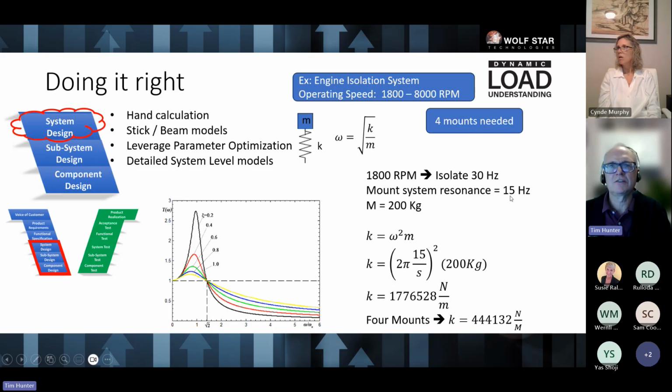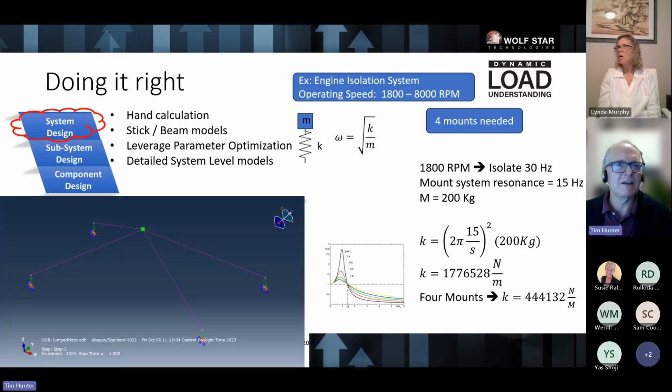So we want to be at 15 hertz for our mount system, and I'm just saying the mass of our motor here is 200 kilograms. And then just rearranging terms here, you get K is equal to omega squared M, and you do the math, and we figure out our spring stiffness for our 4 mounts is going to be 444,000 newtons per meter. Okay, so that's our stiffness for our mounts there. Great, we've got an initial design just from a sheet of paper with some very simple calculations here.